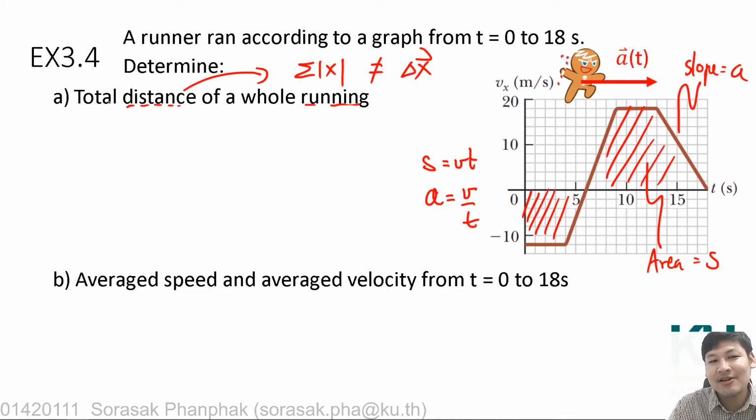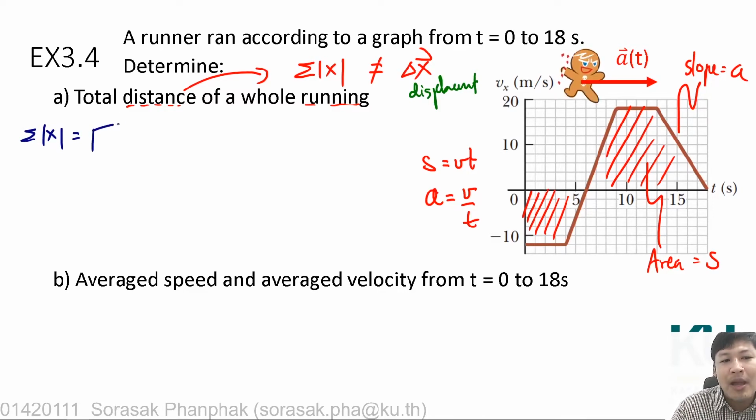What you're looking for is the distance. This is the displacement. So now, if you'd like to find the distance, it is equal to the total area. So you have to sum up this area, the first one, and the second one.